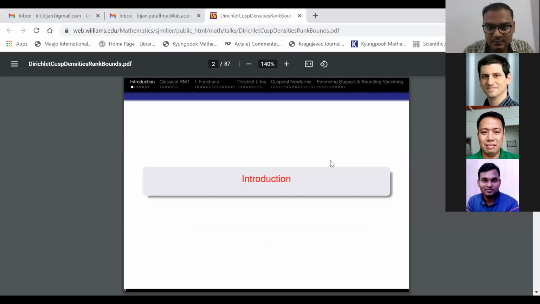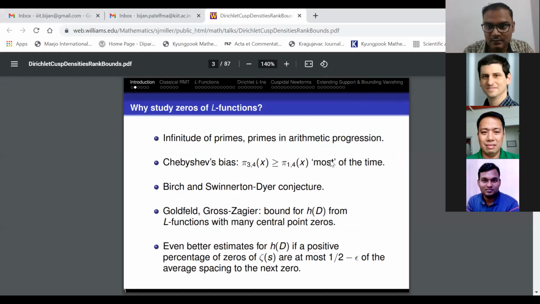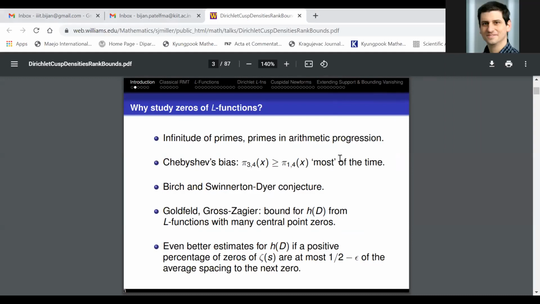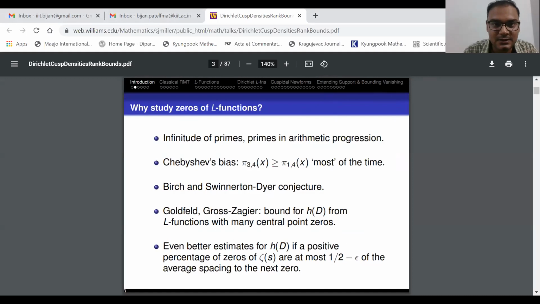Excellent. If you could make it full screen, or, okay, it's easy if you just download the PDF and then share the PDF. Okay, sir. So just a second.